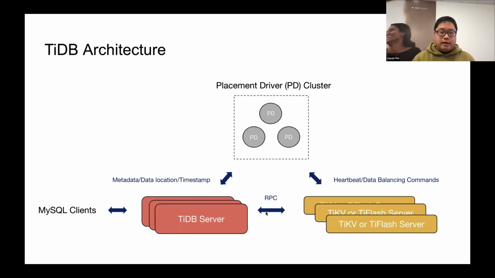As a result, any query can take advantage of both the row and column stores as it sees fit. For example, if there's an aggregation, it will go through the column store, and if there's a point get, index scan, or short range scan that can be fulfilled by an index, it will go through the row store. That is basically why TiDB can be good for both transactional queries as well as more complex queries like joins and aggregations.